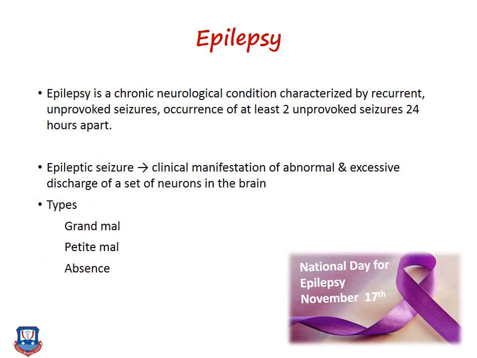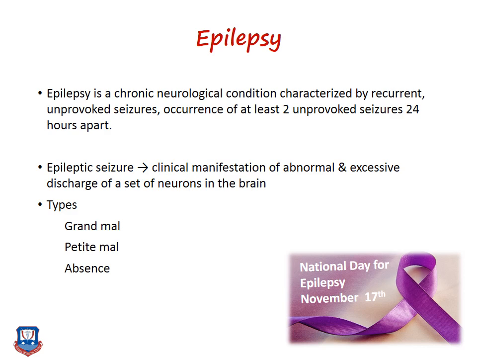So moving on to the next, which is epilepsy. Epilepsy is a chronic neurological condition characterized by recurrent unprovoked seizures. Occurrence of at least 2 unprovoked seizures 24 hours apart. So epilepsy is mostly associated with a neurological condition.